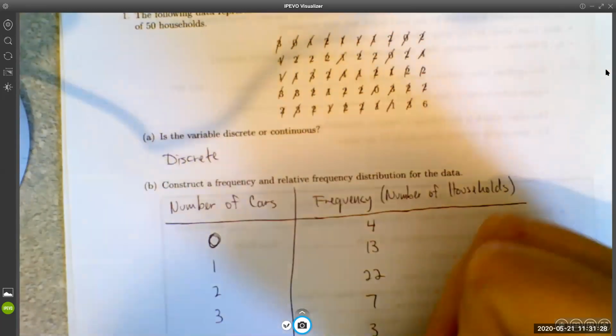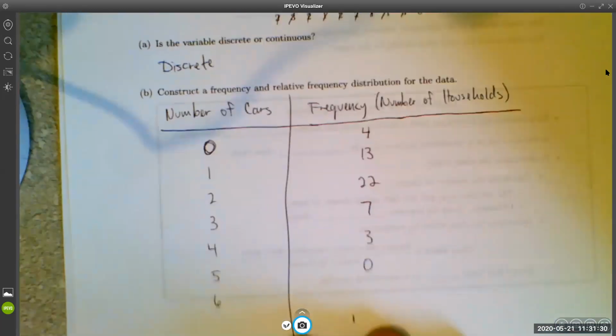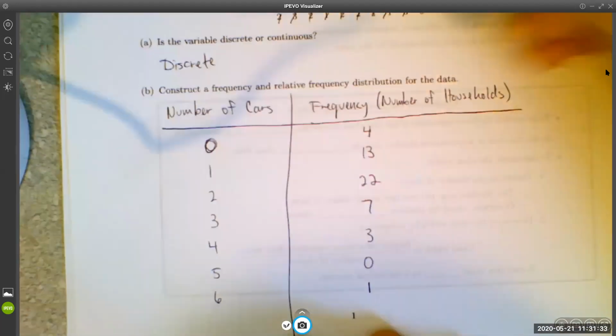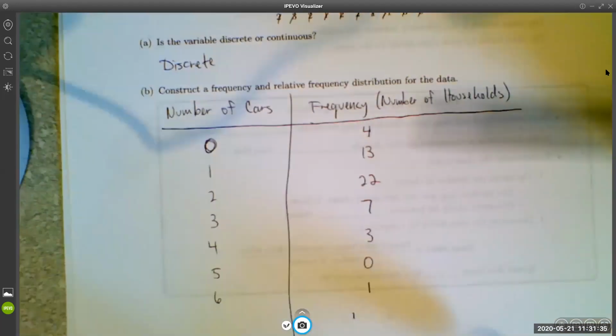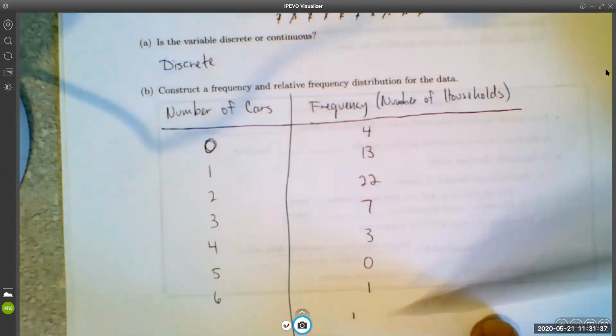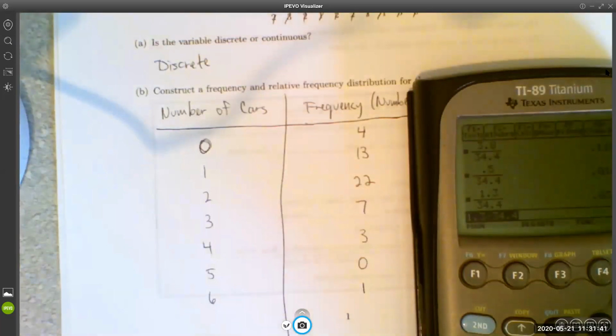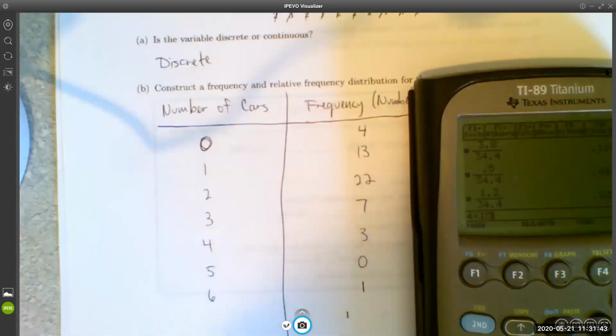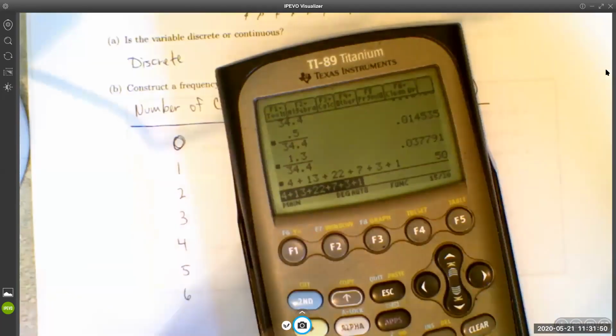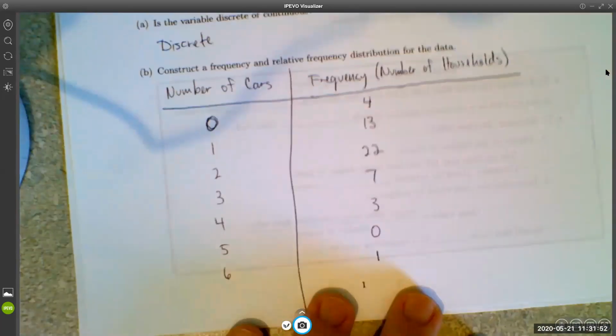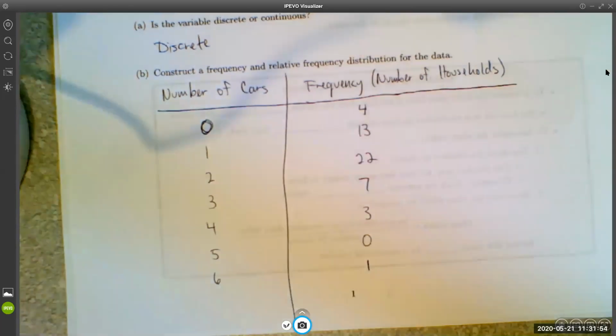I don't think there were any households with 5 cars. And then I think there was 1 household with 6 cars. And now to check my work, I can add these up and I hope that I get 50. Because if I don't, then I missed 1 or 2. So let's see, 4 plus 13 plus 22 plus 7 plus 3 plus 1 is 50. Yep, 50. So sure enough, I got it. Okay. So this would be our frequency distribution.